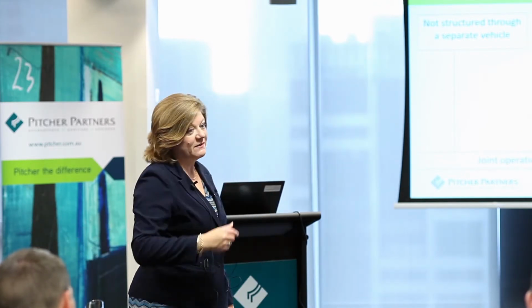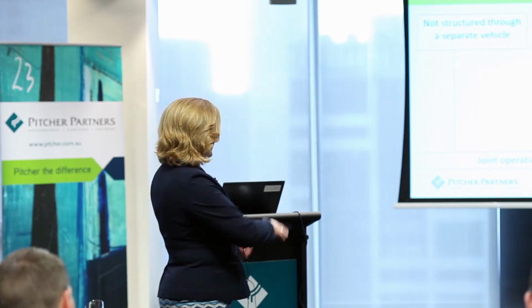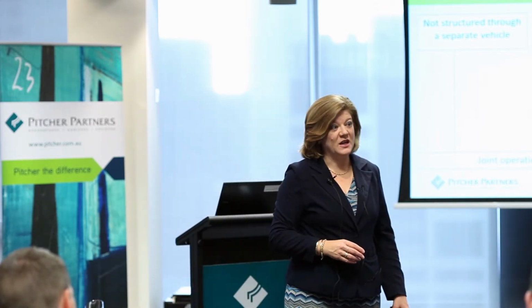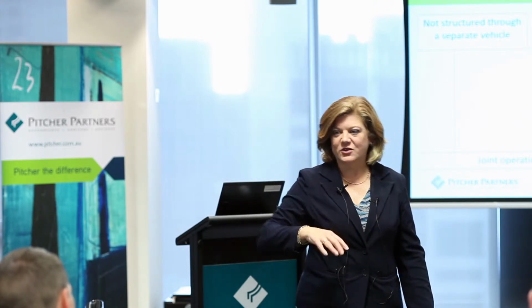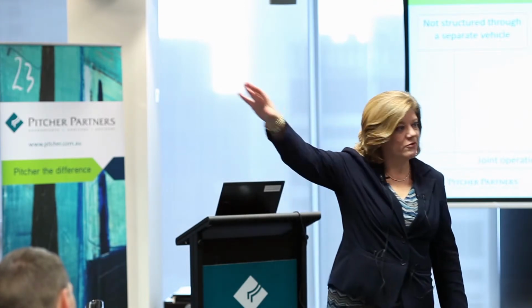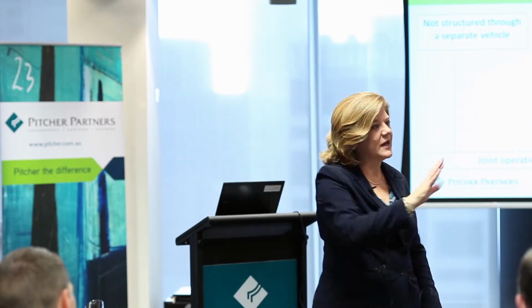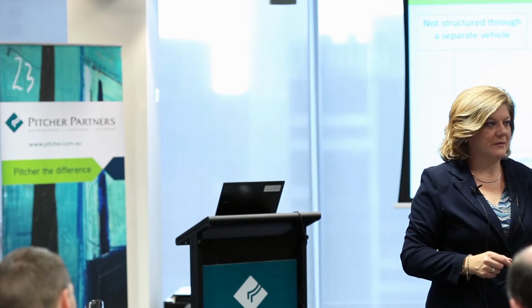AASB 11 at least gives us an answer to this and says if it's not structured through a separate vehicle, if it's an agreement that we work together, and all the income and expenses are not running through a separate legal entity or a separate structured vehicle, it can only be a joint operation.